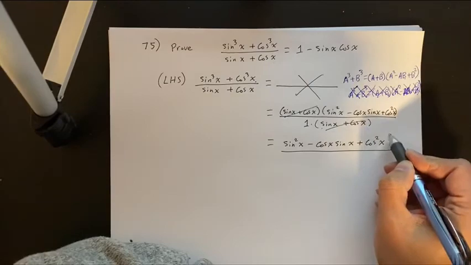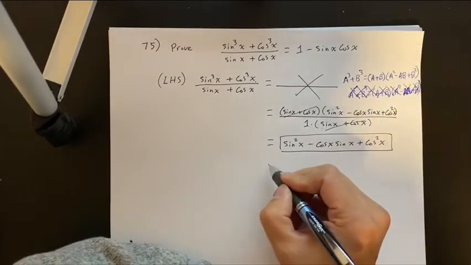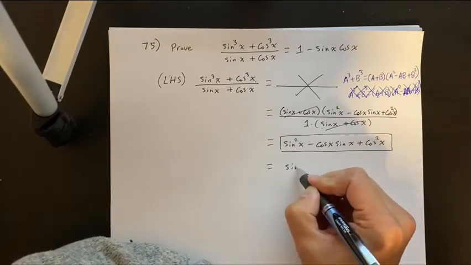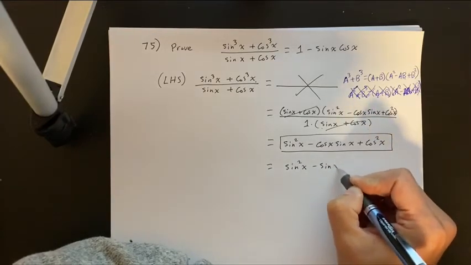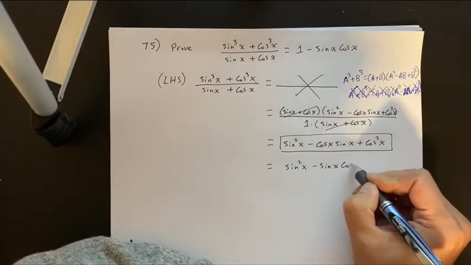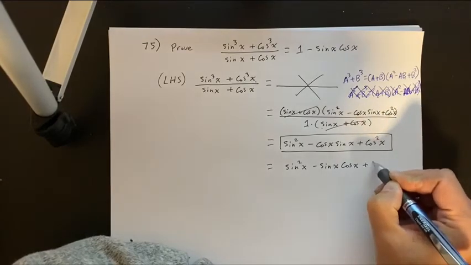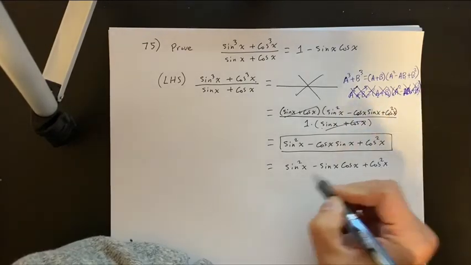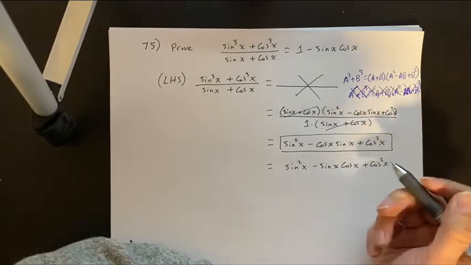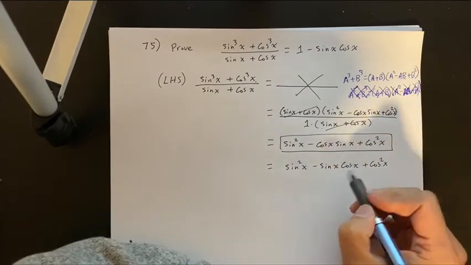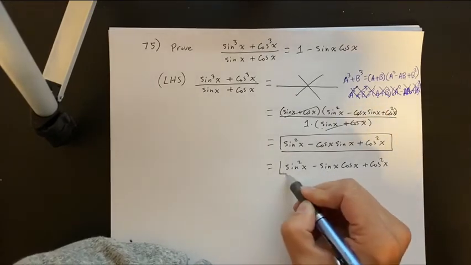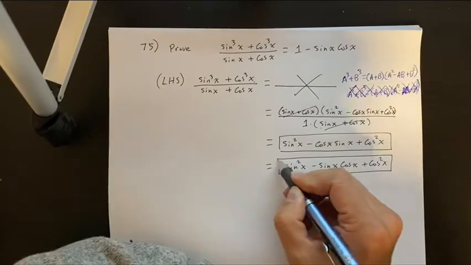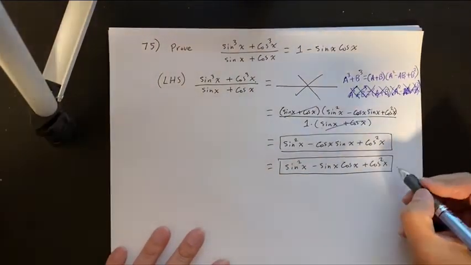There's nothing wrong with this. But if you look in the book, it's probably written like this. And it's really by convention. For whatever reason, we like to write our sine before our cosine, even though C comes before S. Okay.